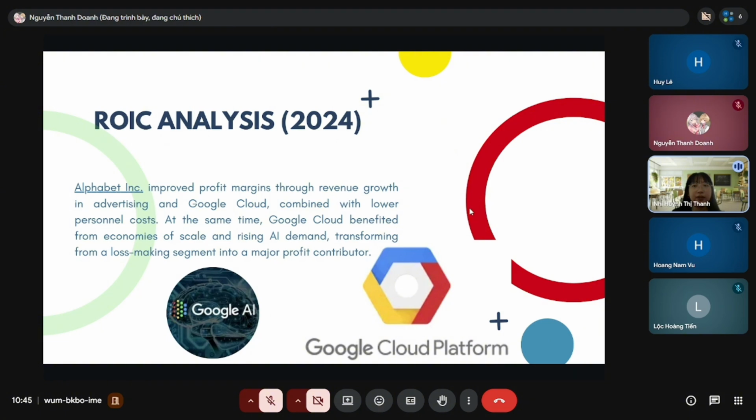As demand for AI computing increased, Google Cloud benefited from economies of scale, allowing the segment to move from a loss-making business into a major contributor to profit. This demonstrates how Alphabet successfully balanced growth and cost efficiency.